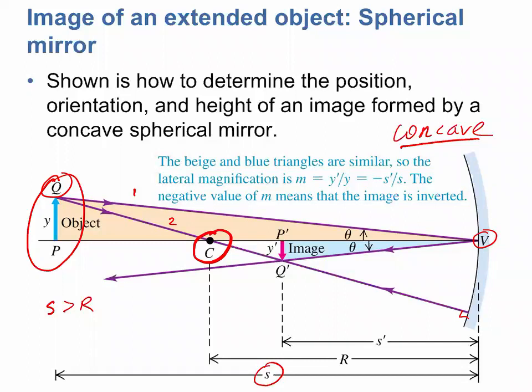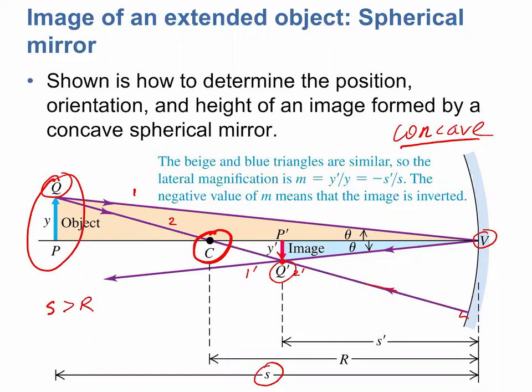So then you can say that ray 1 is reflected, so 1 prime is the reflected light, and also 2 prime, which is also reflected, and they both converge at that point Q prime. That means I can use that to generate my image.